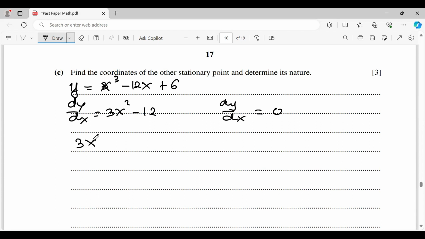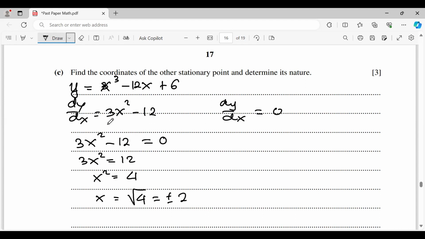So 3x squared minus 12 equals 0. So 3x squared equals 12, and x squared equals 4, because 12 over 3. So x equals square root of 4, plus or minus 2.